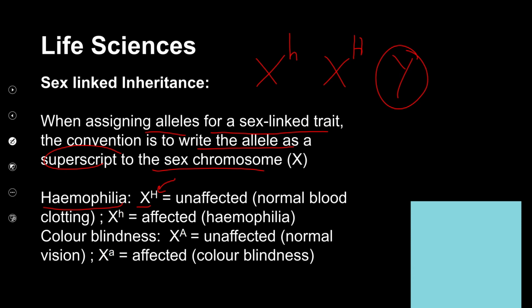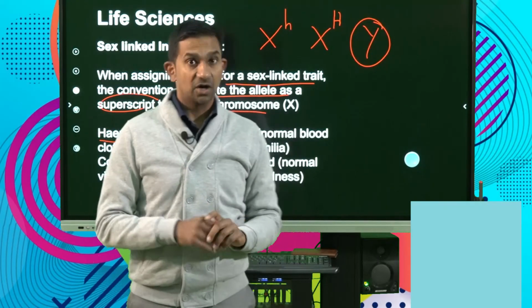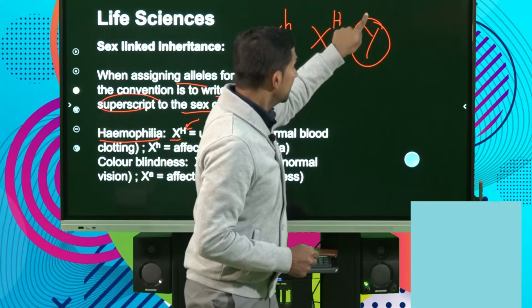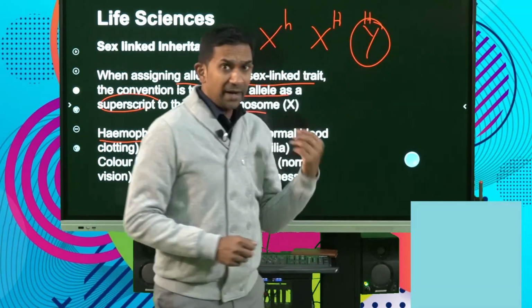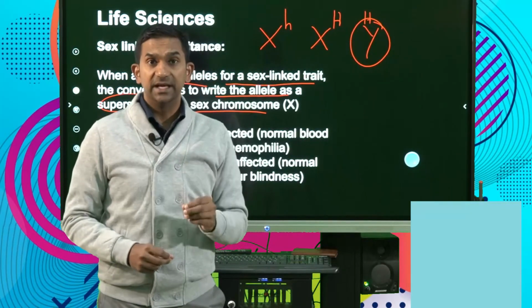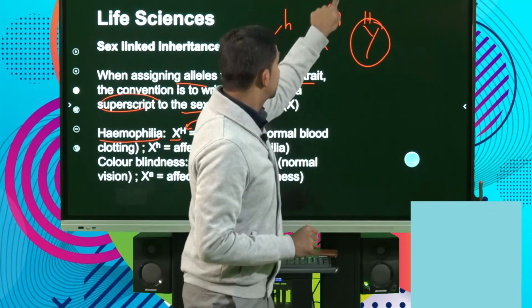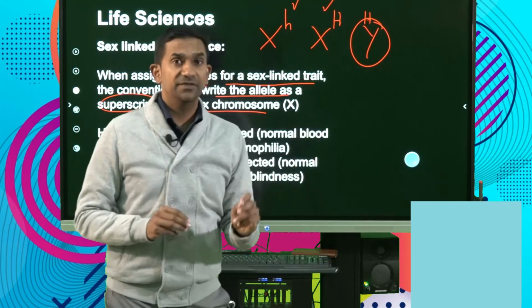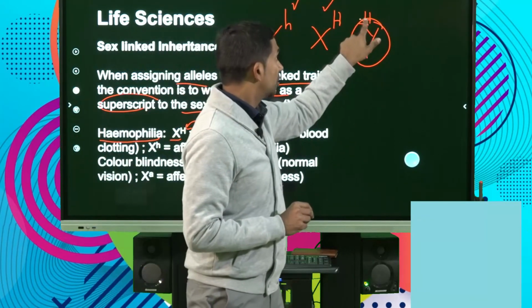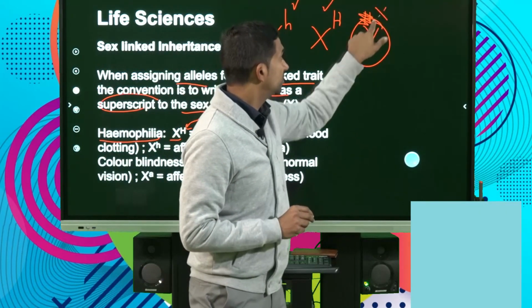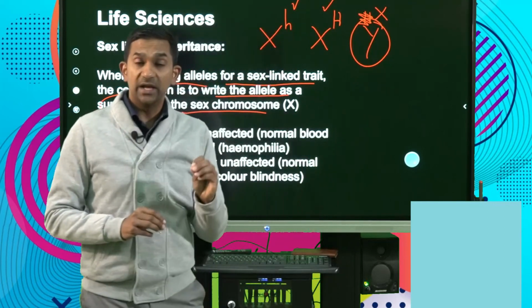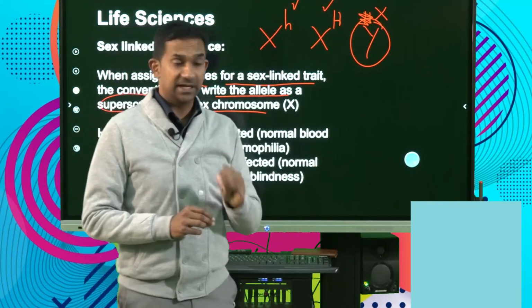So remember that this is an X-linked characteristic. Often we get learners indicating on the Y chromosome the presence of the allele, and that's wrong. Again, it's an X-linked characteristic. It can only be found on the X chromosome and not on the Y chromosome. So that would be an incorrect way of representing sex-linked characteristics.